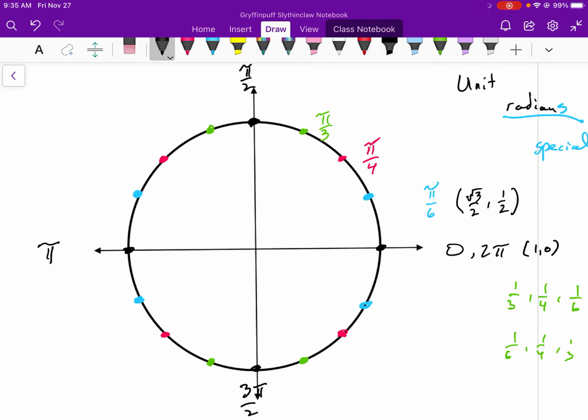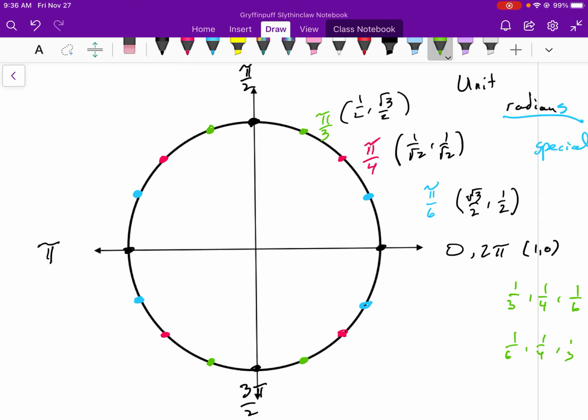Here at my pi over 4 family is 1 over root 2, 1 over root 2. We've been over this, but I know it's not easy. It is not an easy game to get these coordinates, or perhaps it is. And these coordinates are going to be 1/2, root 3 over 2. So we can get the sine, cosine, and tangent of all of these values. We've done this before. I'm only going to focus on determining my angles.